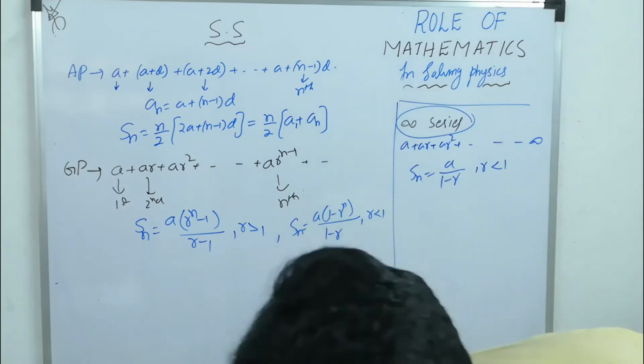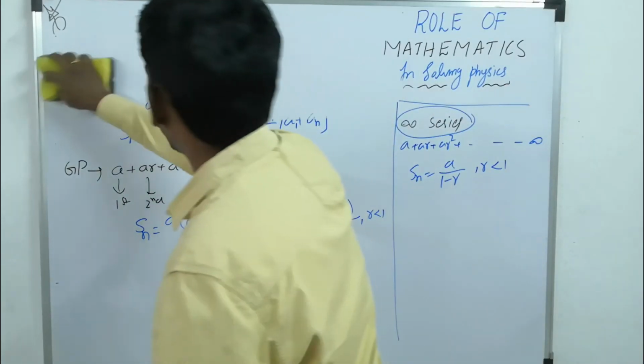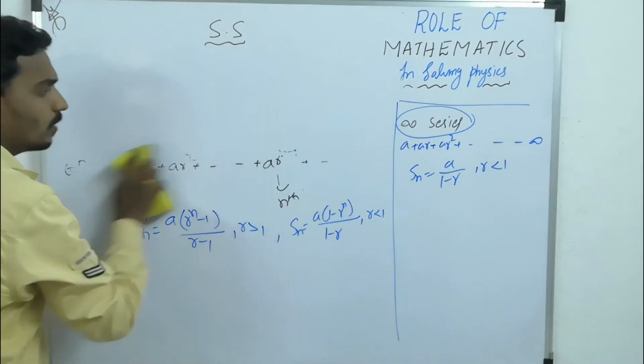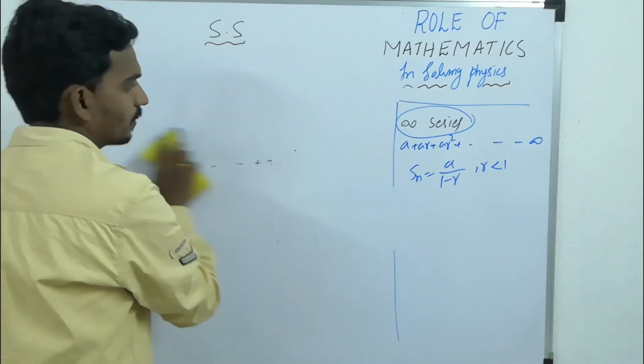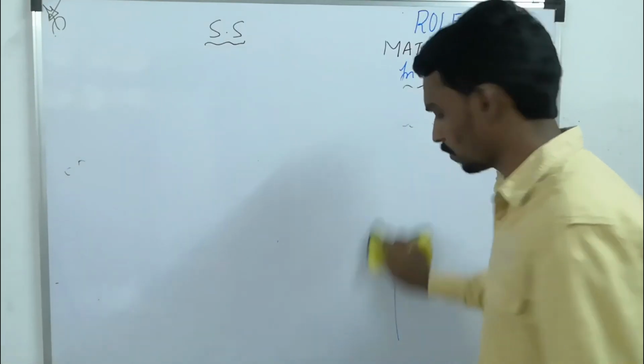Apart from this, the sum of natural numbers, the sum of squares of natural numbers, and the sum of cubes of natural numbers are also important.